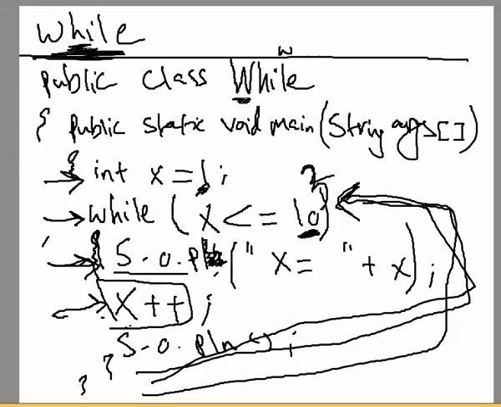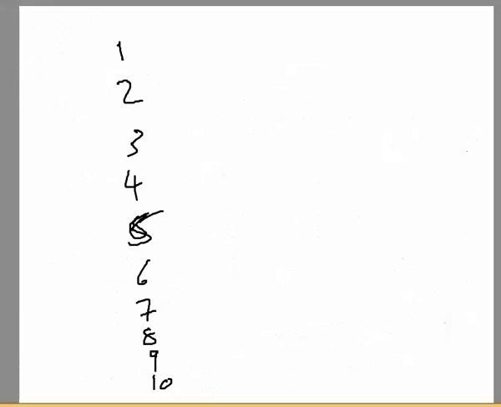Now, if we do this 10 times and we go back and the value of x is 11, what's going to happen? It's false, meaning we will have a termination. So the program will be terminated. It will stop.